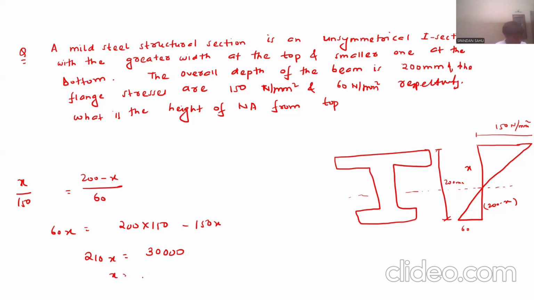So x will be 30,000 upon 210, so 142.8. So your neutral axis will be located at a depth of roughly 143 from the top fiber or the bigger flange.